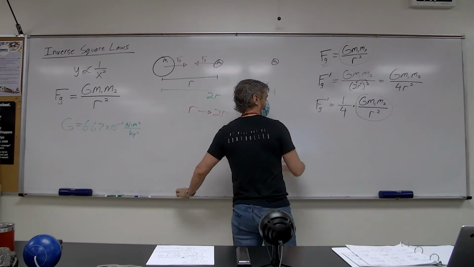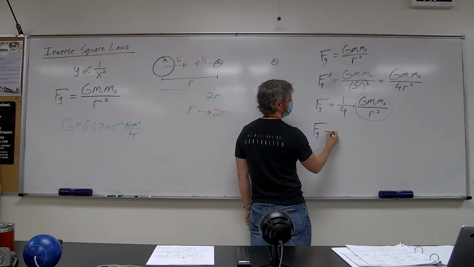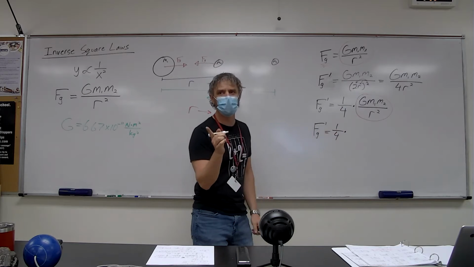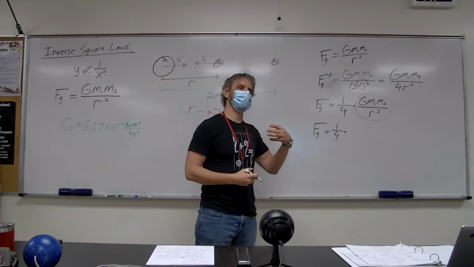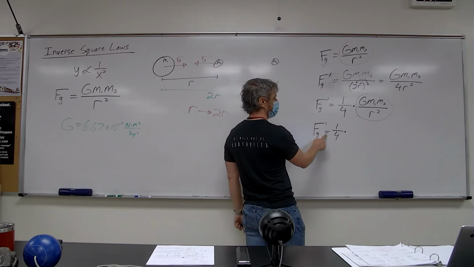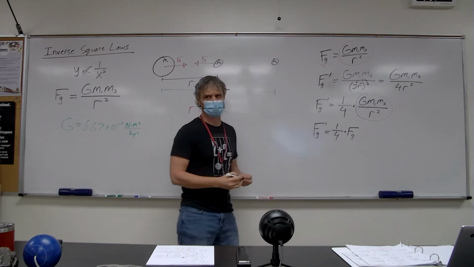And so, in conclusion, my new gravitational force is going to be 1/4 of, remember, of, the word translates into multiply in math language. So my new gravitational force is going to be 1/4 of my original gravitational force.